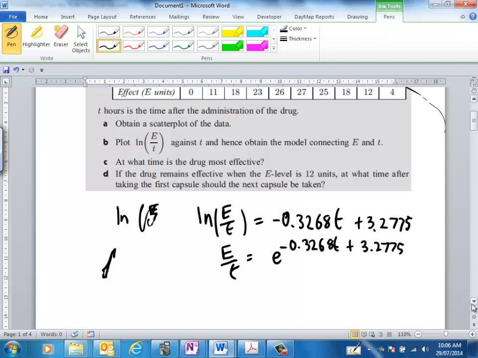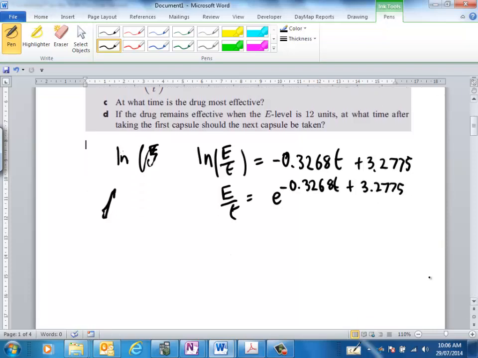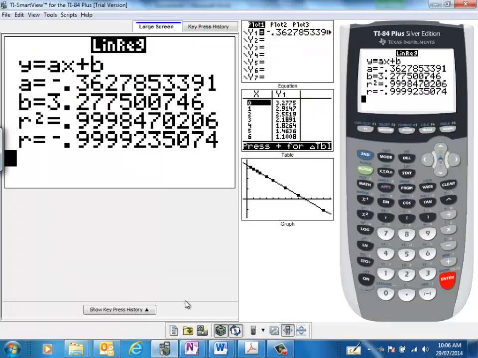Then I can use my index laws, and say that E over t is equal to e to the negative 0.3268t times e to the 3.2775.